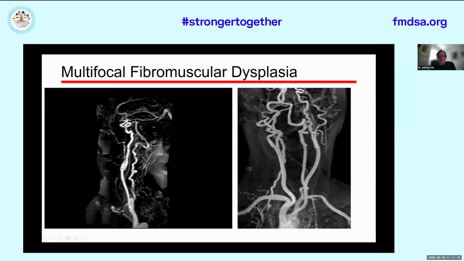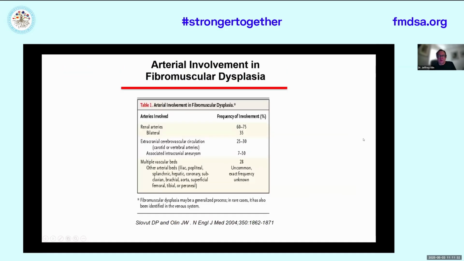So this is an example of an MRA showing pretty significant multifocal FMD of the carotid arteries. We never used to look at the carotid arteries, so we thought it was really uncommon to have it in the carotid arteries. When we wrote this paper, we said FMD occurred in the carotid arteries 25 or 30% of the time, the renal arteries up to 75% of the time, and in multiple vascular beds, 28% of the time.